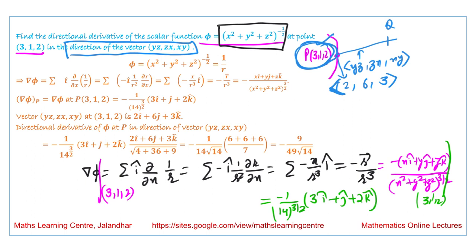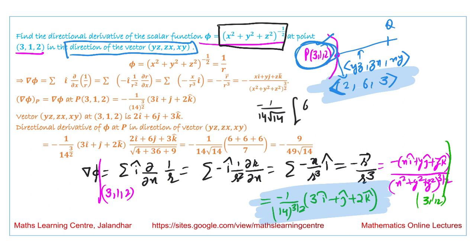Now we have two values. One is the value of the gradient, and this is the direction in which we want to find the projection. When we calculate the projection, the answer is minus 1 by 14 root 14 into the dot product of these two, which gives 6 plus 6 plus 6, divided by the value we have over here, square root of 4 plus 36 plus 9.